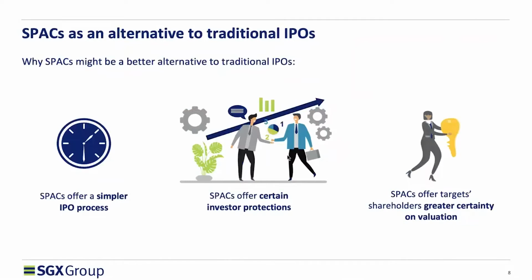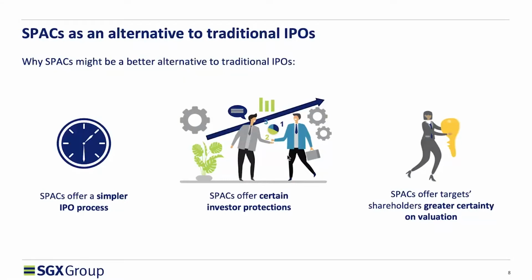Some would perceive that SPACs act as a better alternative because it offers a more simple IPO process. So what this means is that the target company need not go through a very difficult process around the roadshows prior to the IPO. And this effectively makes the whole IPO process a lot more simple.